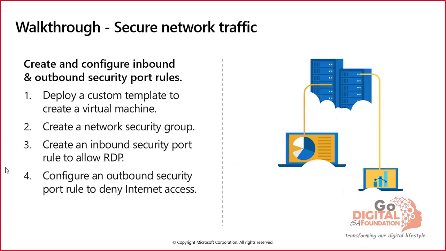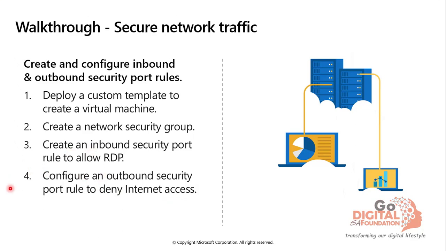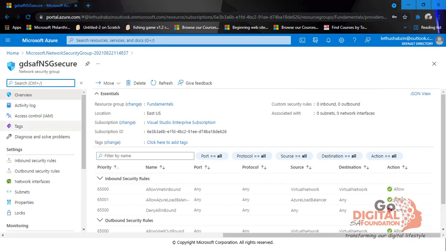So the other step was to create a network security group and then create an inbound security port rule to allow RDP and configure an outbound security port rule to deny internet access. Okay, so that's what we're gonna do.